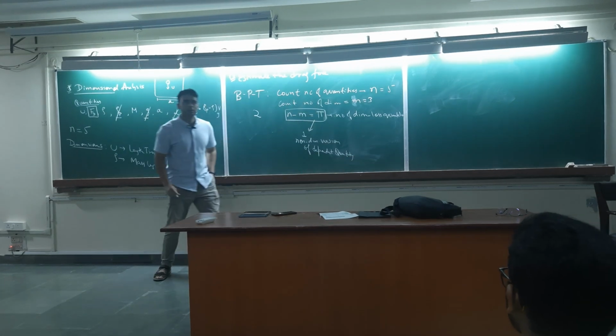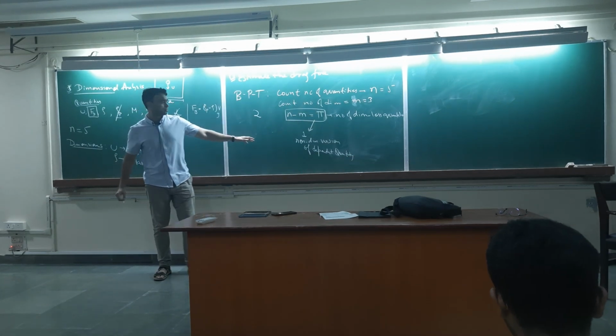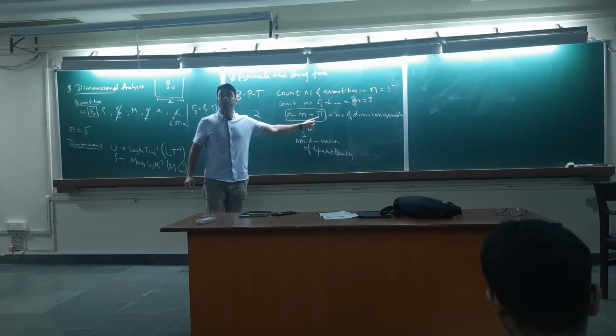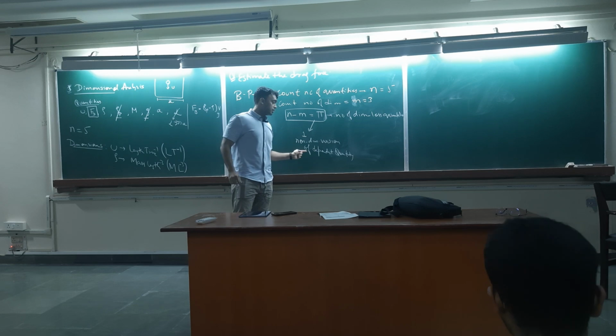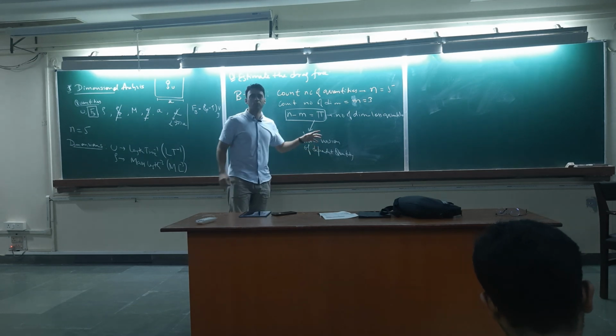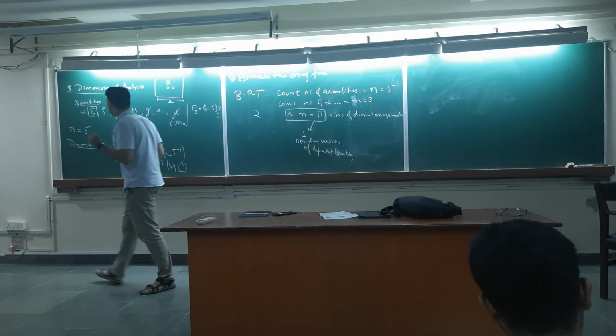Is my writing understandable? So out of these pi, it could be one or more, but one of them would be a non-dimensional version of the dependent quantity. What do I mean by that?